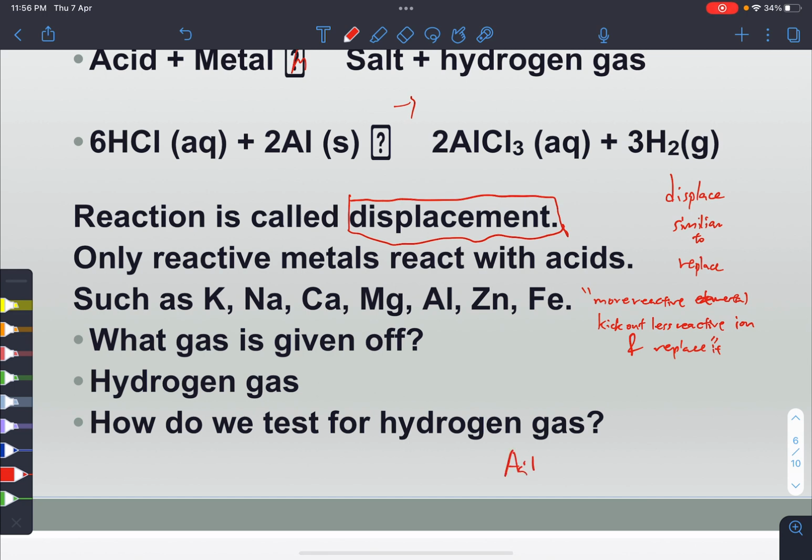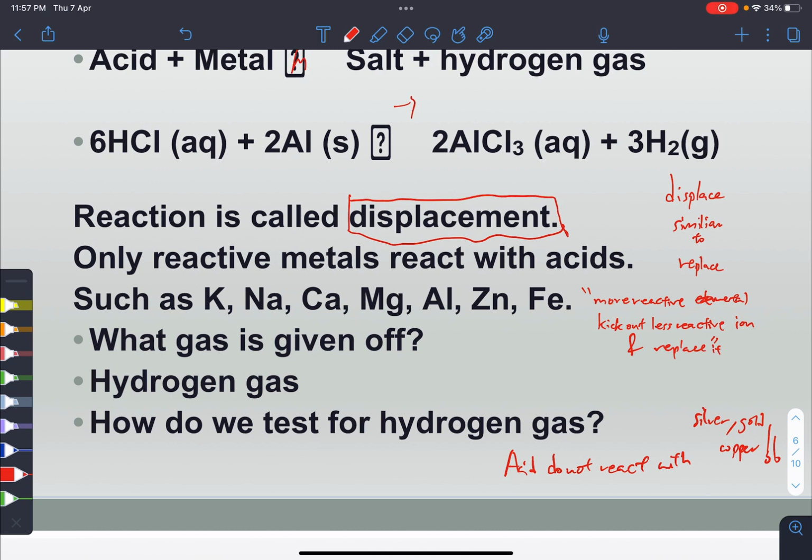acids do not react with silver, gold, copper. Another way to help you remember this is, silver, gold, copper, yeah, they are precious metals, but you probably won't care whether it's a precious metal.